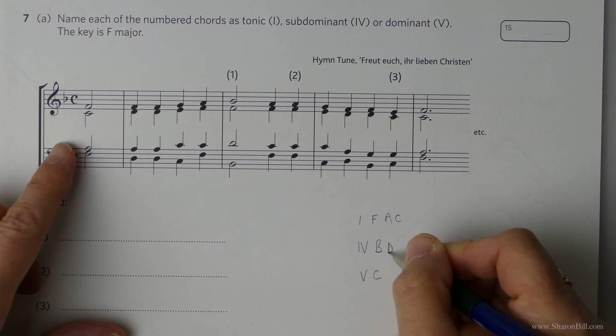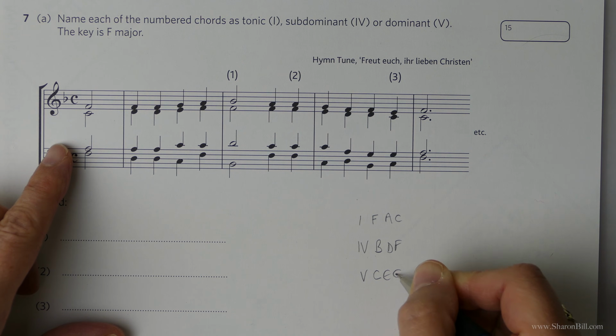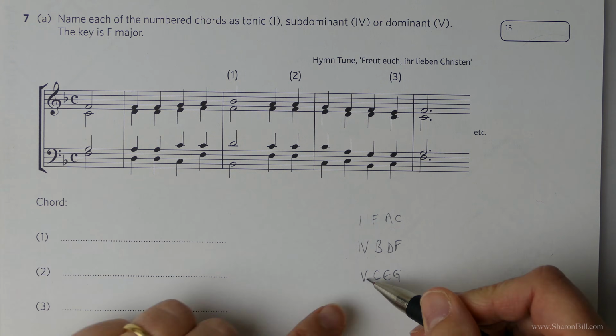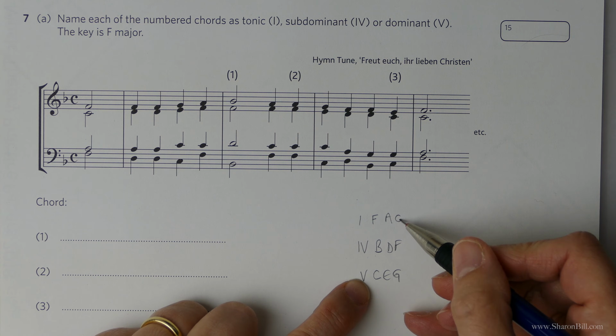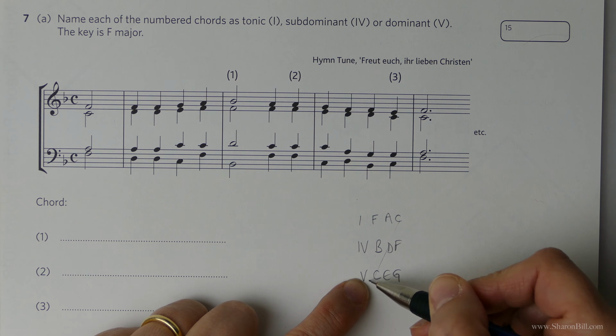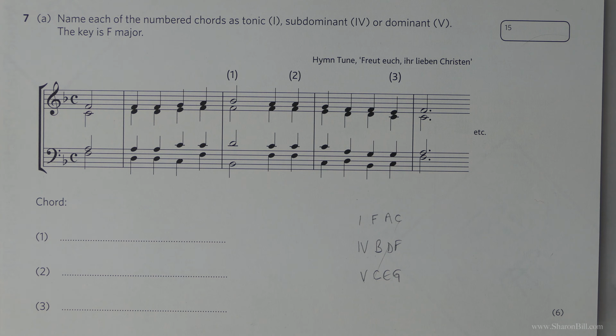So B, D, F. And C, E, G, and we can double check that we've started chord 5 correctly because it's the end of chord 1, the beginning of chord 5.